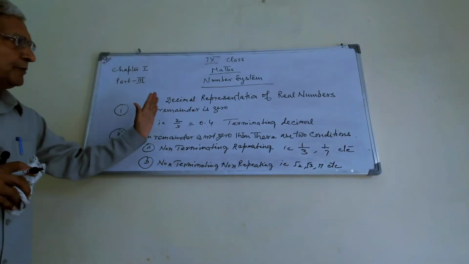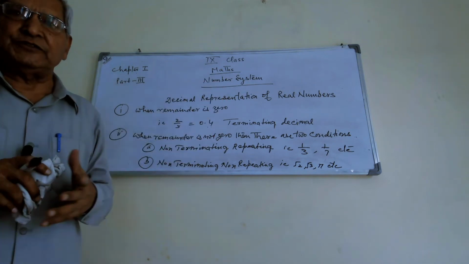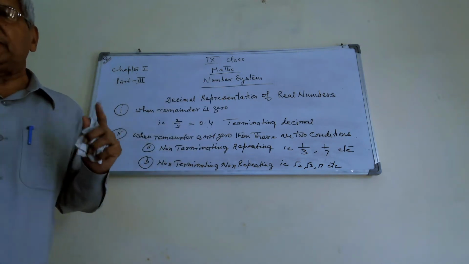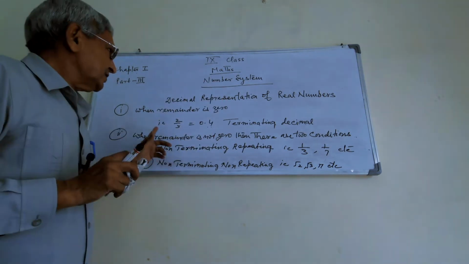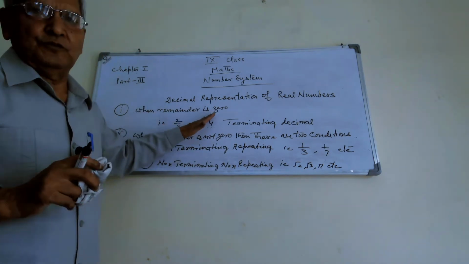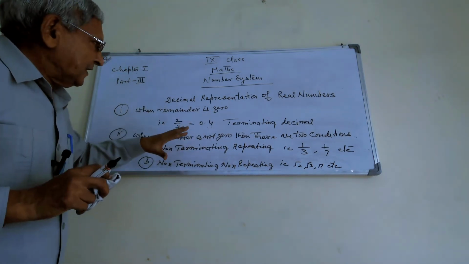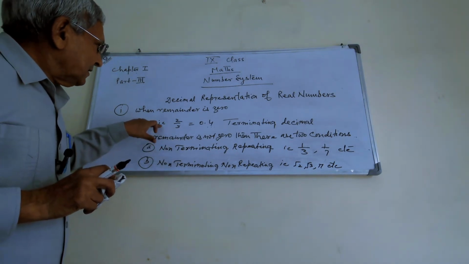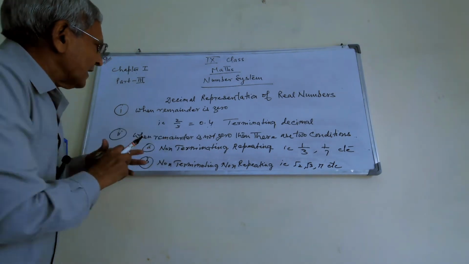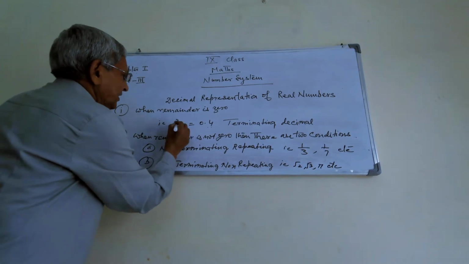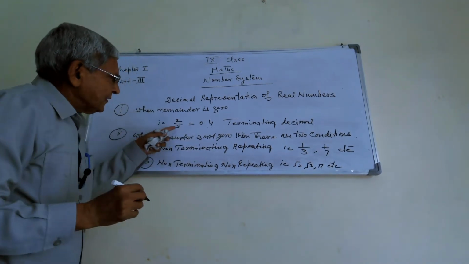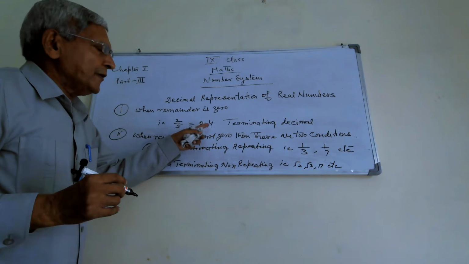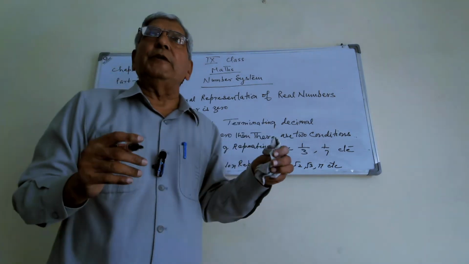The decimal representation of real numbers is of three types. First, when the remainder is zero. By taking an example, 2 by 5, when you divide 2 by 5, you will get 0.4 and there will be no remainder.